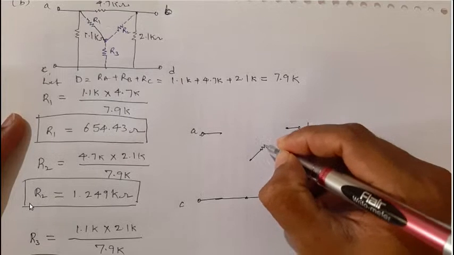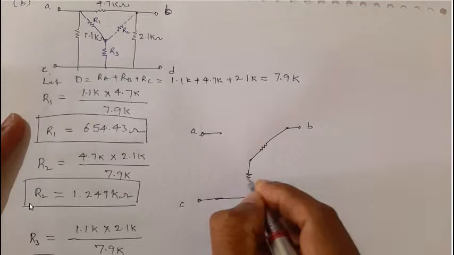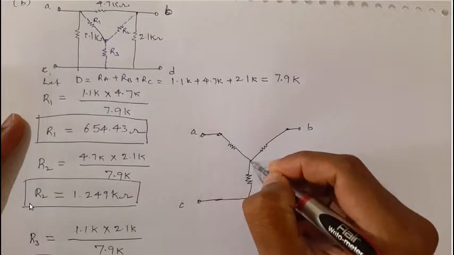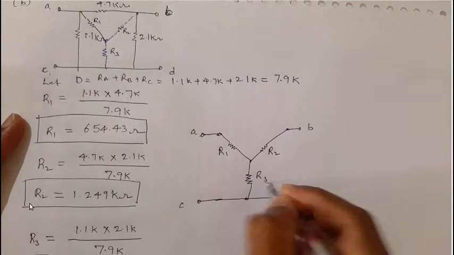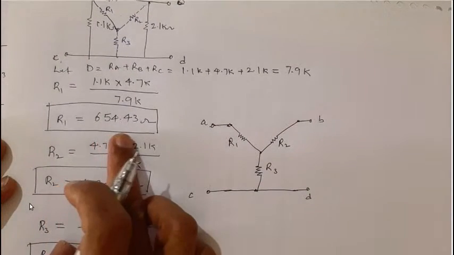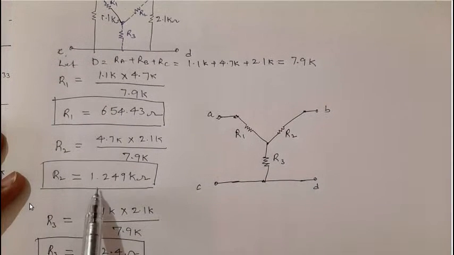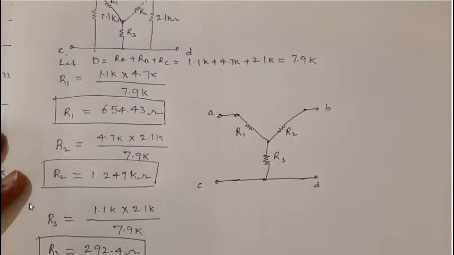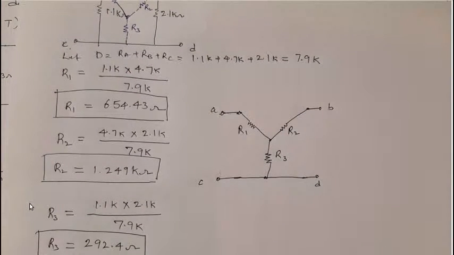So this is one resistor, this is another resistor, and this is the third one, where this is R1, this is R2 and this is R3. R1 is 654.43 ohm, R2 is 1.249 kilo ohm, and R3 is 292.4 ohm. Hope this is clear to all of you.